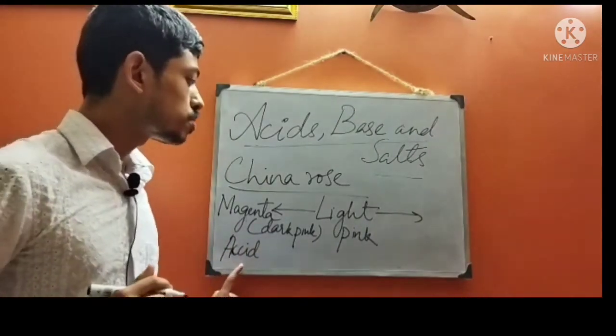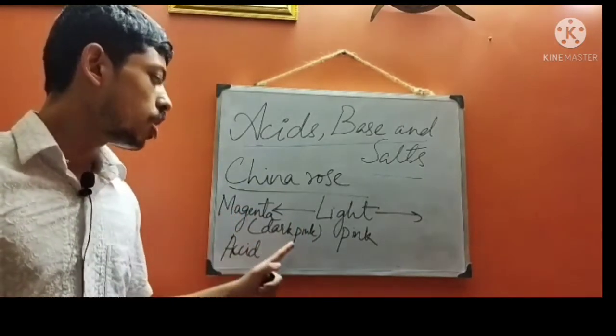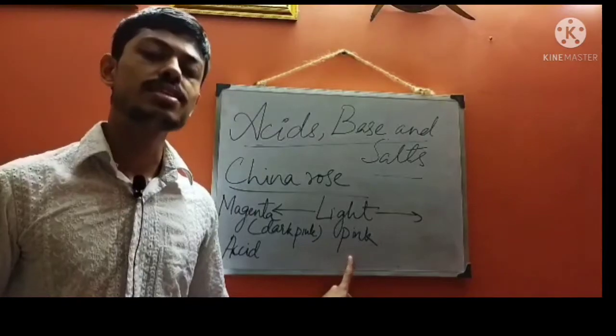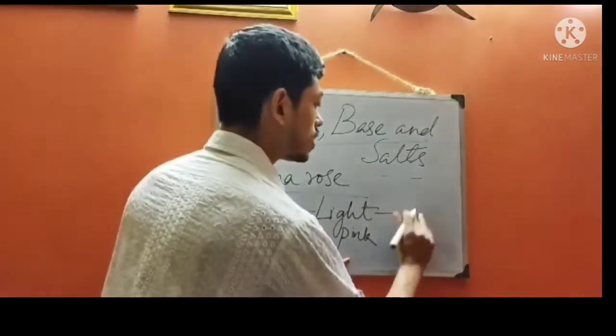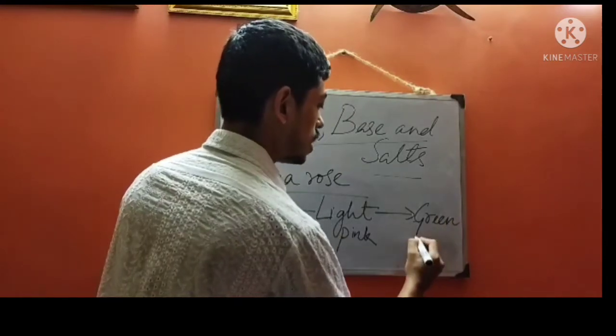So, on giving a few drops of an acid to the China Rose solution, it would give a magenta or dark pink color. But on giving a few drops of a basic solution, it would turn green in color.